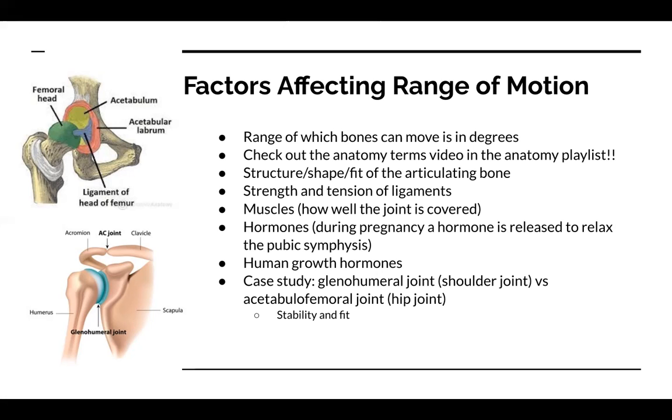Additionally, but not as common, are hormones. For example, during pregnancy, a hormone is released to relax the bone. Also human growth hormones can affect your range of motion. We already went over the different types of motion, where stability and fit are the most common factors that affect your range of motion.